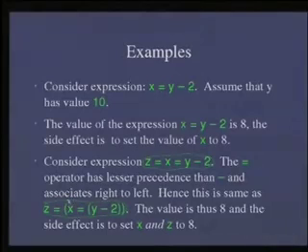Now the value of this smaller assignment expression is also going to be 8, which is the final value of the variable x, and that is the value that gets assigned to the variable z, and so z also gets the value of 8, and the value of the overall expression also happens to be 8, which is the final value of z.